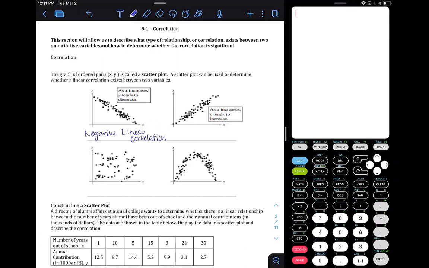The second one, as x increases, y tends to increase, so this is a positive linear correlation.